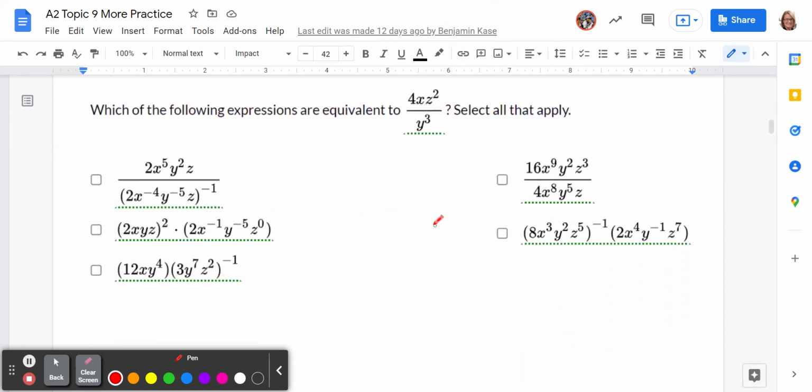For station 2, what you need to do is go through and simplify each of these problems. You can go ahead and distribute this -1 to every single item.